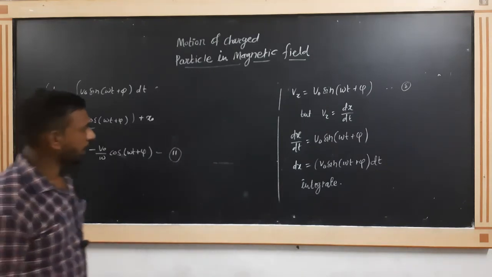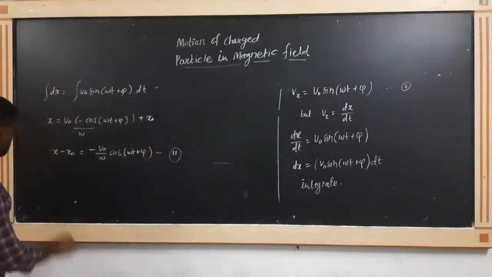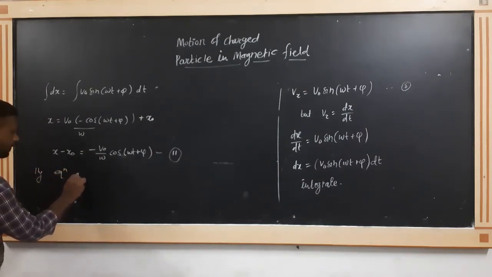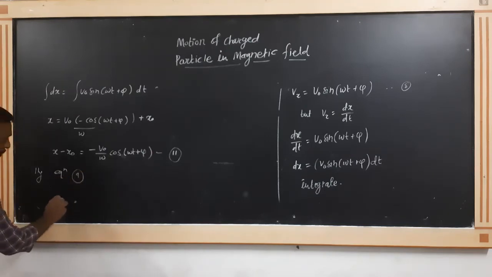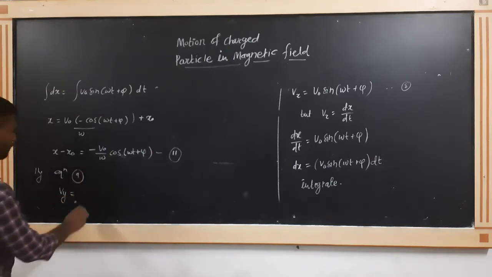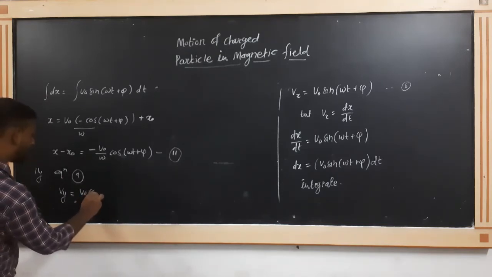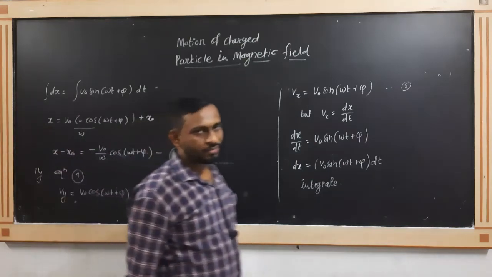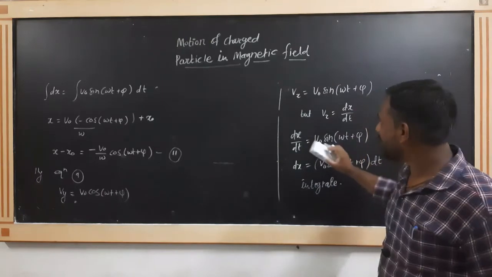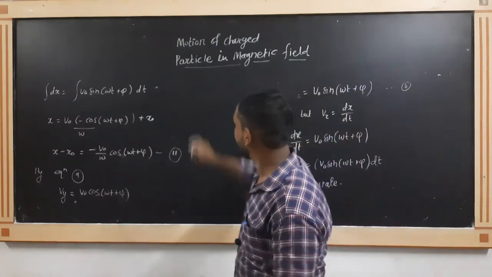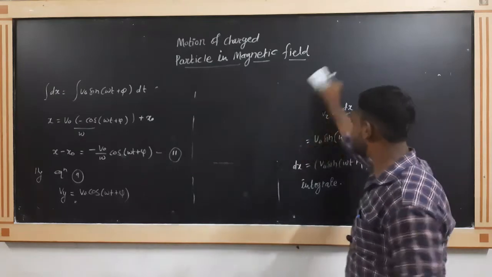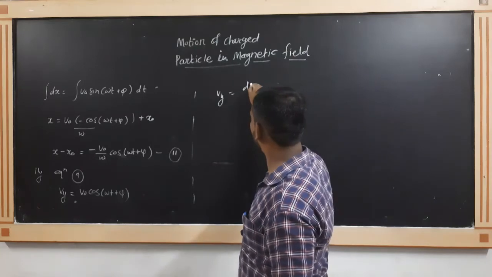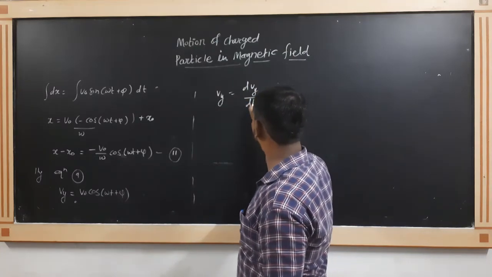Similarly, if we integrate equation number 9, and what is equation number 9? vy is equal to v0 cos of omega t plus phi, and instead of vy we put the value vy equal to dy by dt.